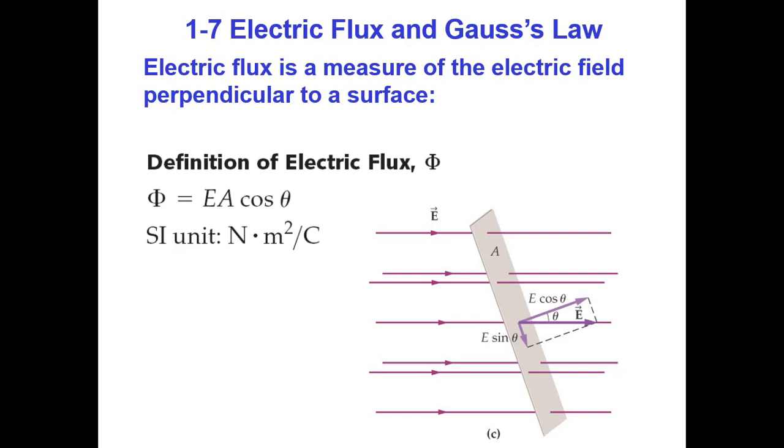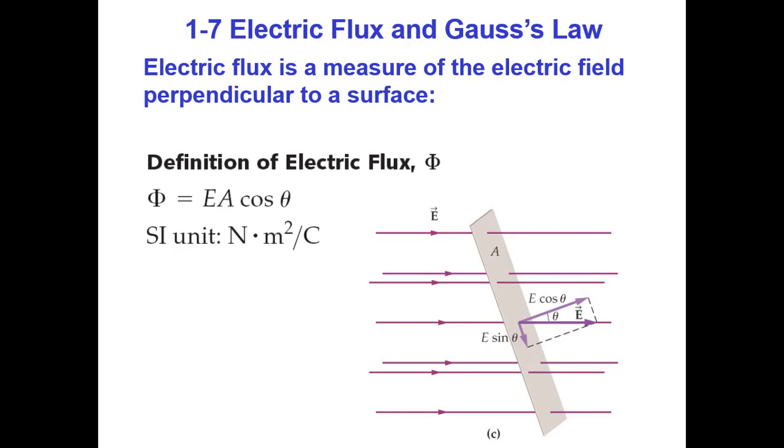Now see here, the electric flux and Gauss law. The flux is a measure of the electric field perpendicular to a surface. The definition of electric flux phi is E into A cos theta. It is the flux when the electric field passes through a particular area.